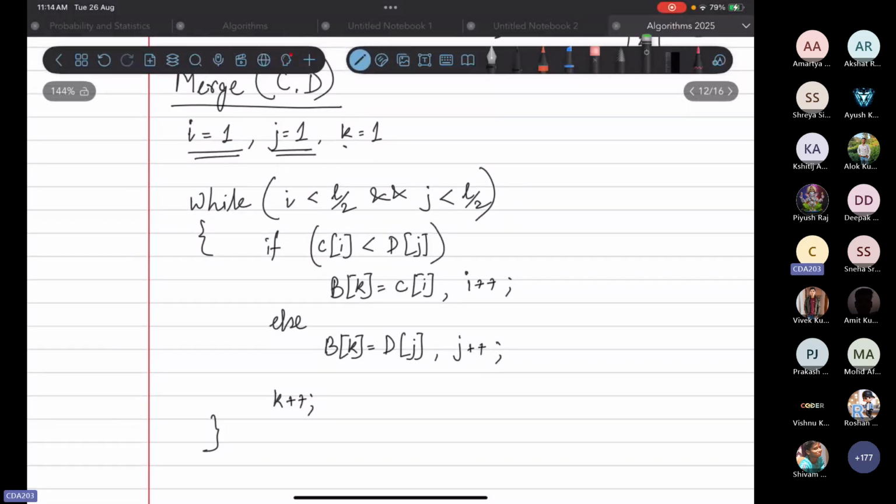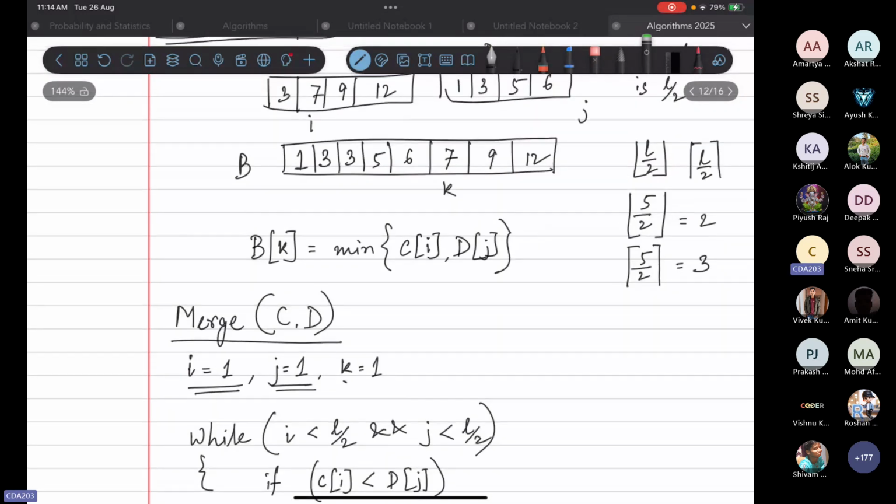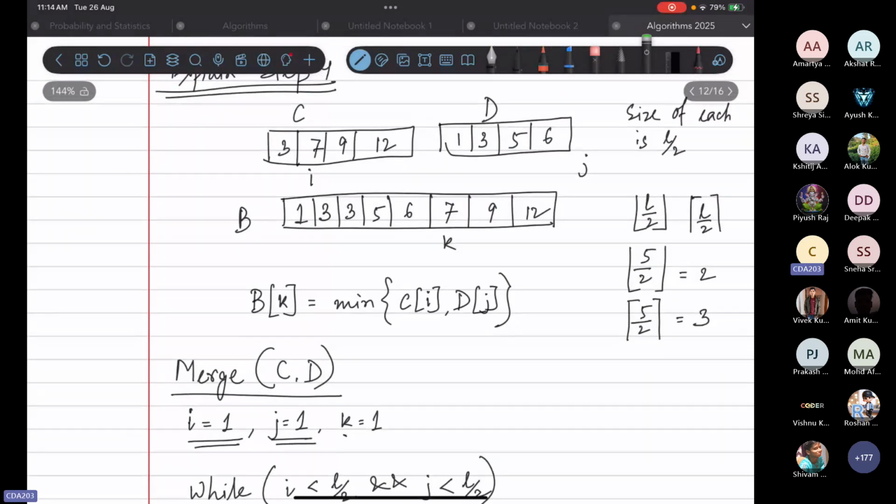Yes, so if both I and j are less than the size of the D array and C array, then we do this. Is there anything else? So, for example, the case when j is getting out of the range of D. At this point, j is more than L by 2.